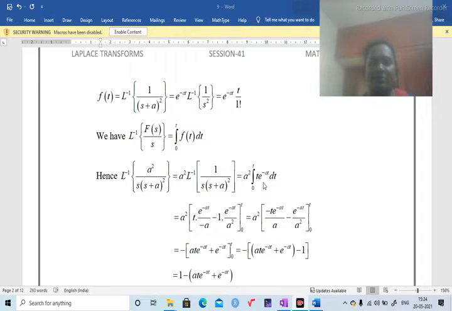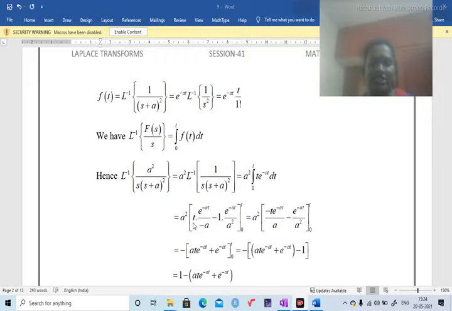Now I am going to apply Bernoulli's rule for this integration. First function as it is, integration of the second one is e^(-at) by minus a, alternately plus and minus signs. That's why this term contains a plus sign and the next term contains a minus sign.